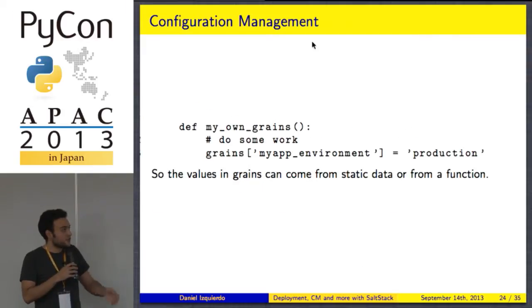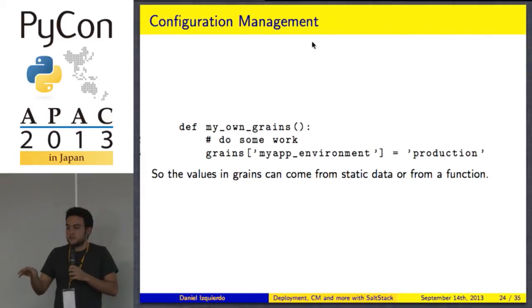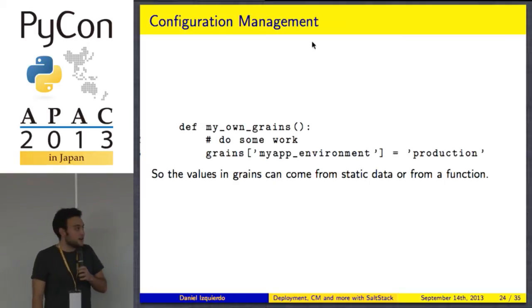So, for example, I could have a function to define a Salt grain, which tells me whether this machine is a production machine for my app, or it's a staging environment, or it's a test environment.